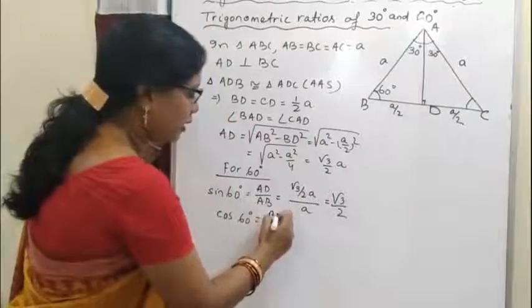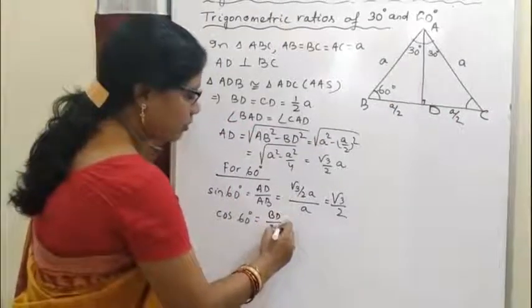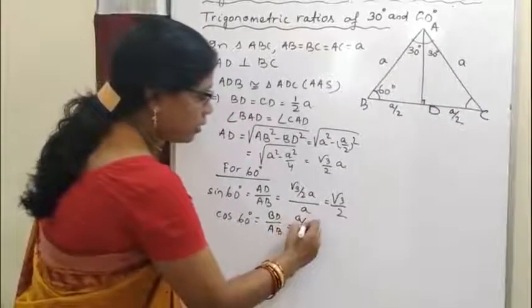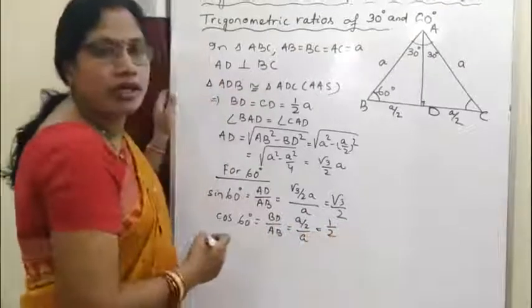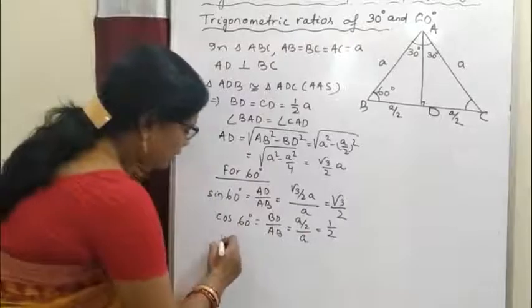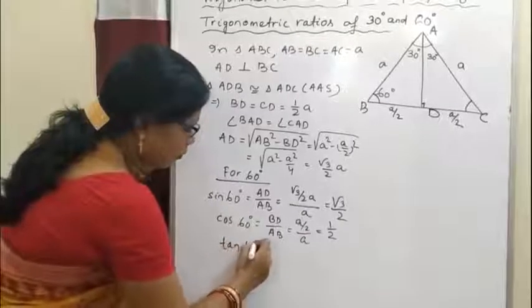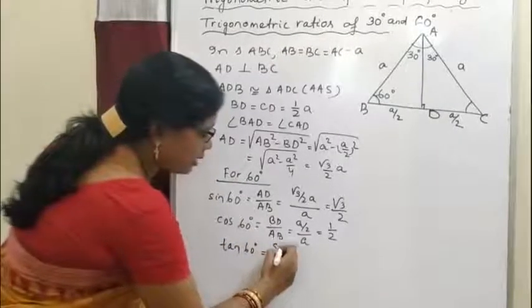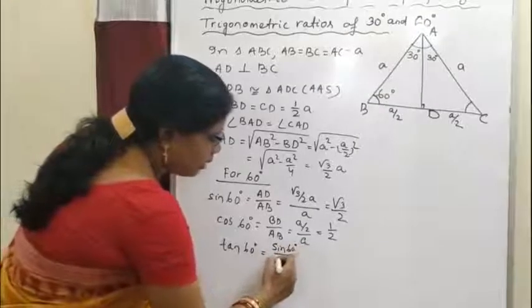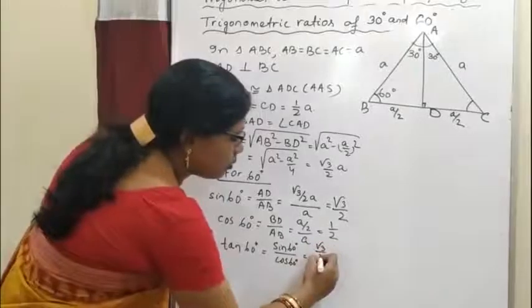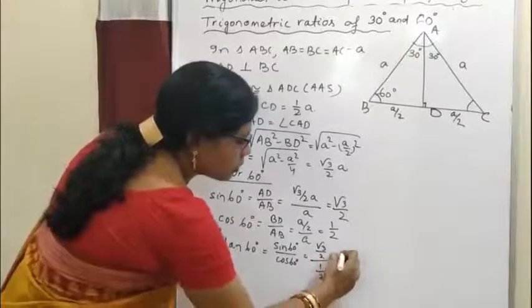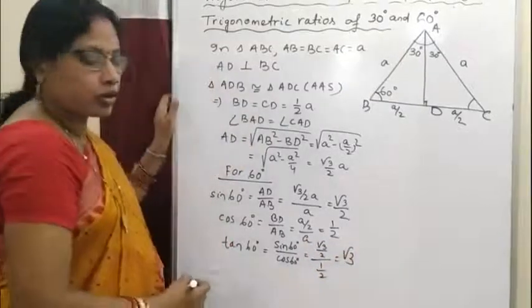That is BD by AB, which is a by 2 by a. So this is equal to 1 by 2. Then tan 60 degree, we can write it as sin 60 degree by cos 60 degree. So this is equal to root 3 by 2 divided by 1 by 2. So this is equal to root 3.